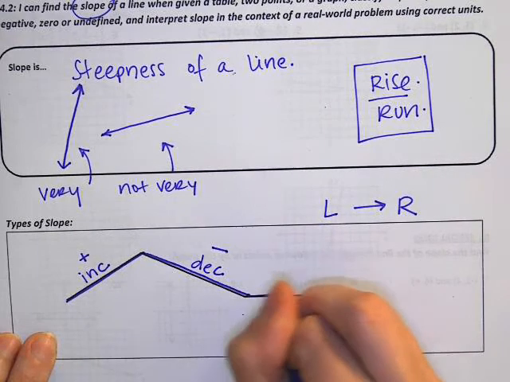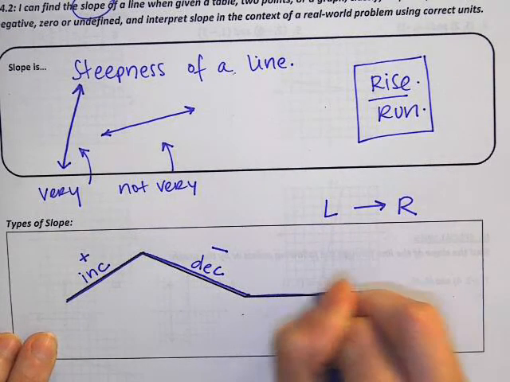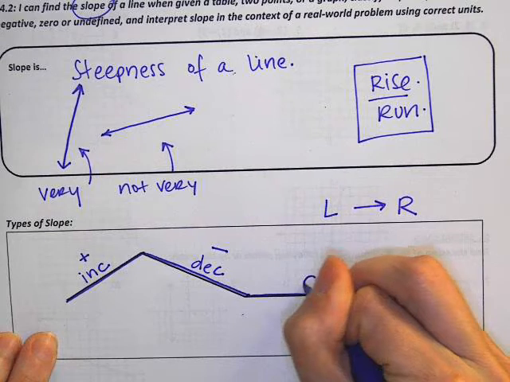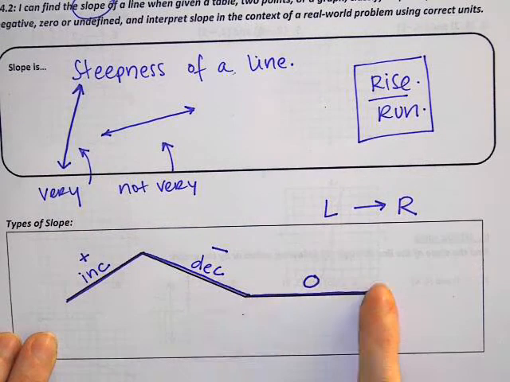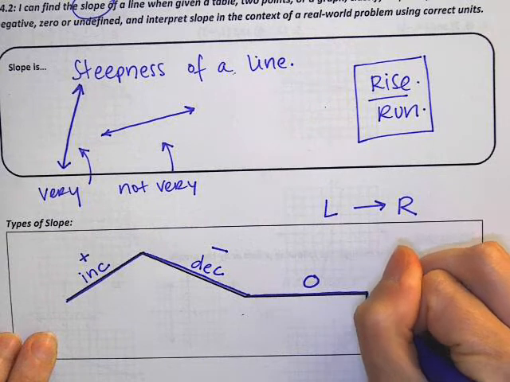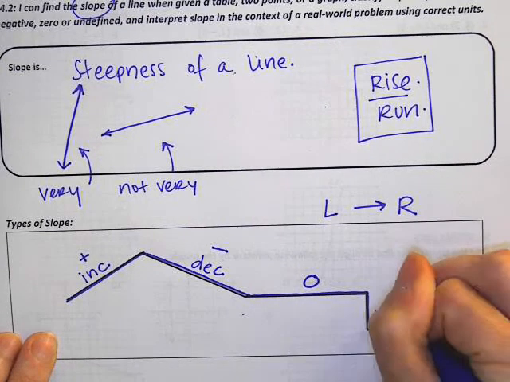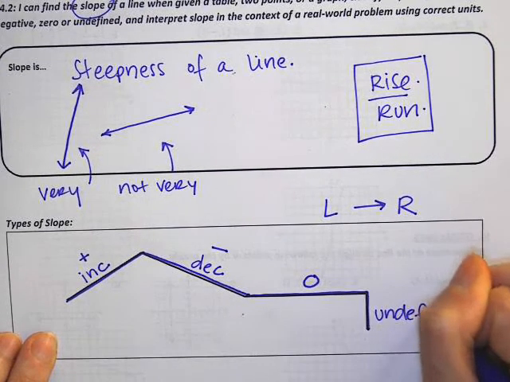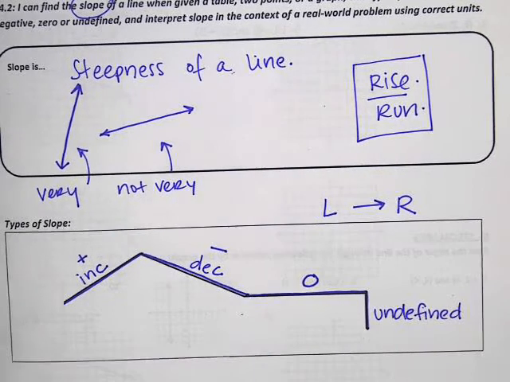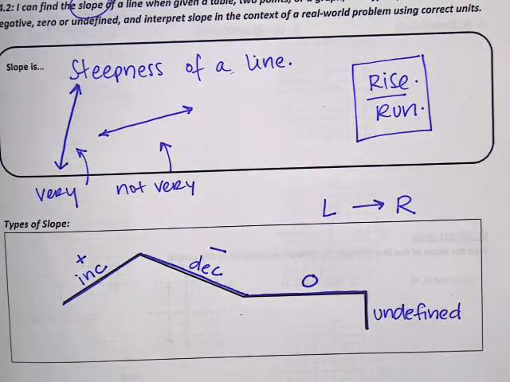And if you look at this one, it just flat lines across. This one actually has a slope of 0 if it's straight across. And then this one goes straight up and down, and that slope is called undefined. Okay, so those are the 4 types of slope.